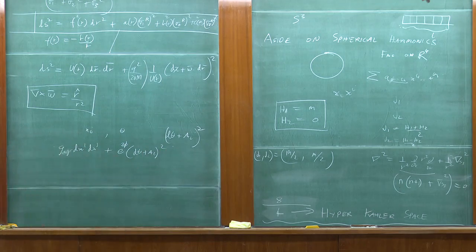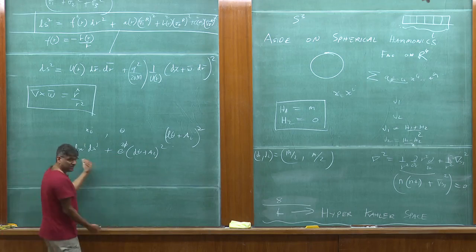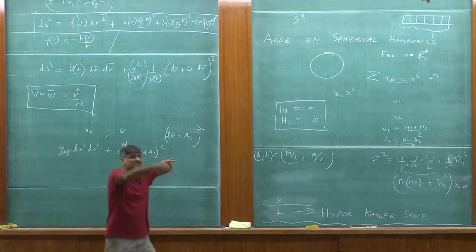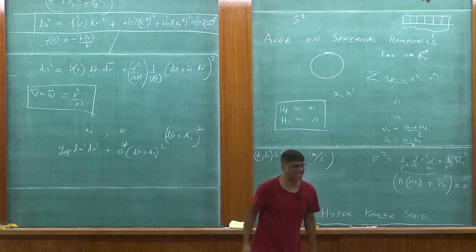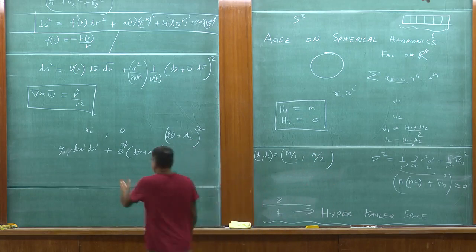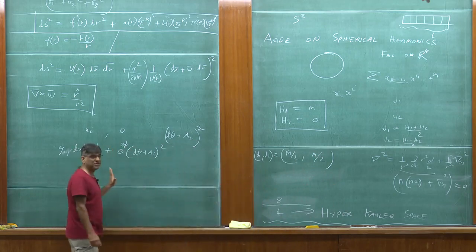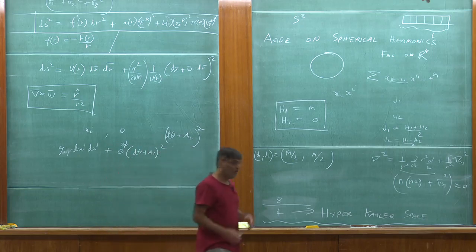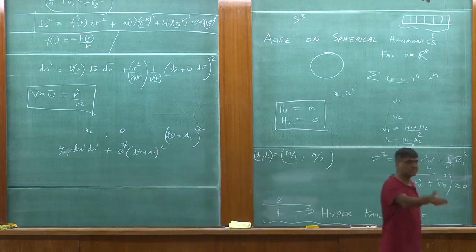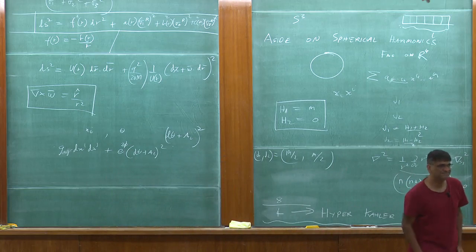Okay? And then you notice that if we want to preserve invariance under motion in this theta direction, then the diffeomorphisms are restricted: xi can mix with a function of xi, or theta goes to theta plus a function of xi.